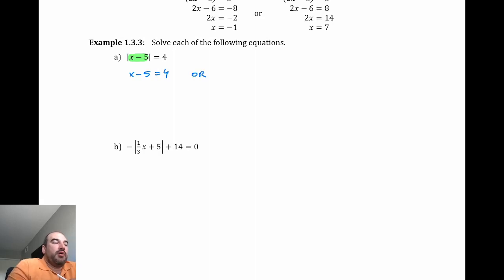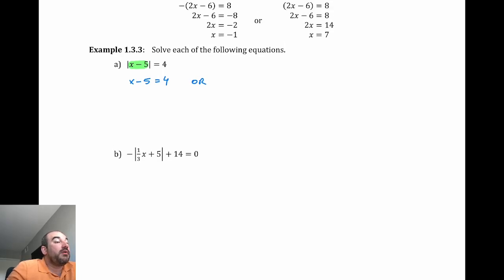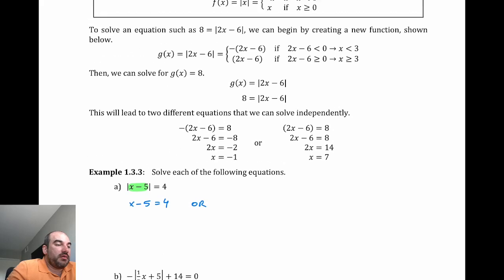Or what if the x minus 5 was negative? What would the absolute value function do to it? It would still be positive. How does it make it positive? How does the absolute value function make it positive?